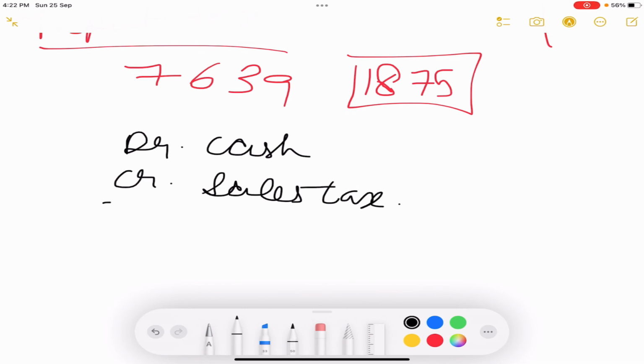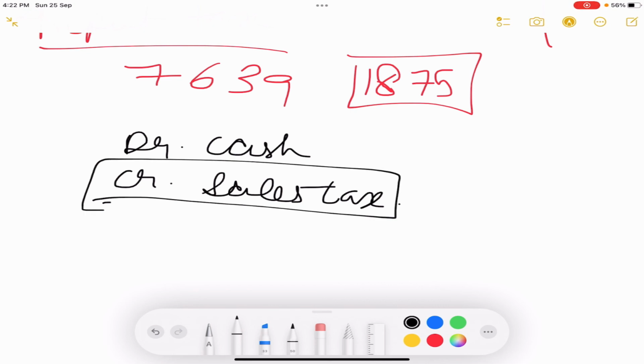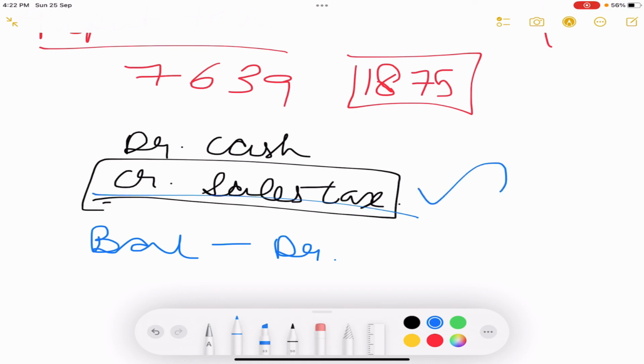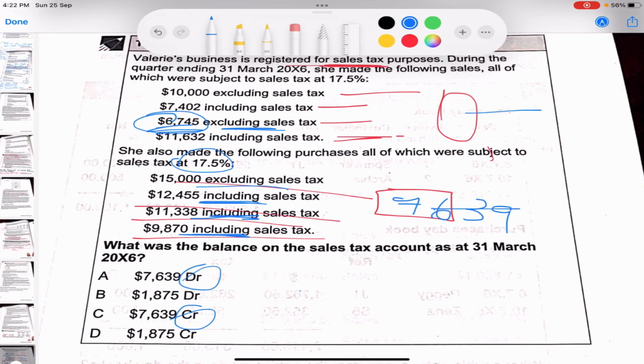Since you're going to credit your sales tax account, your sales tax account will get credited. So what is your balance? Balance is debit. Credit, you're going to get a credit on your sales tax, which means our balance is debit. We've done this in the previous videos, right?